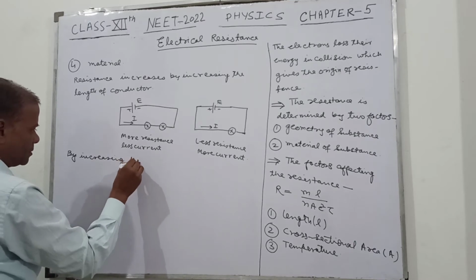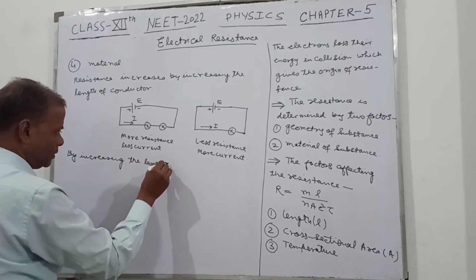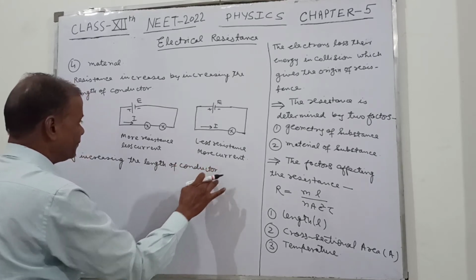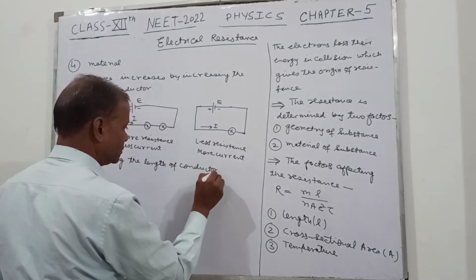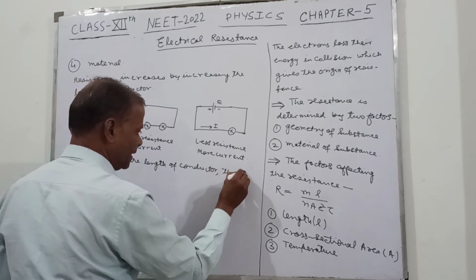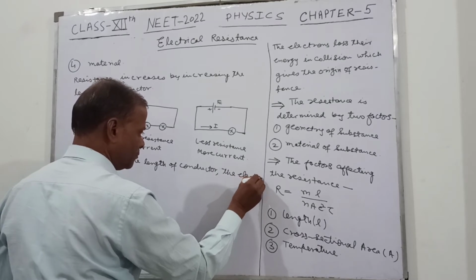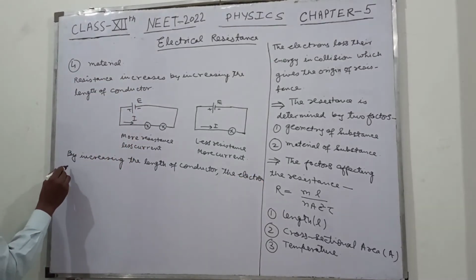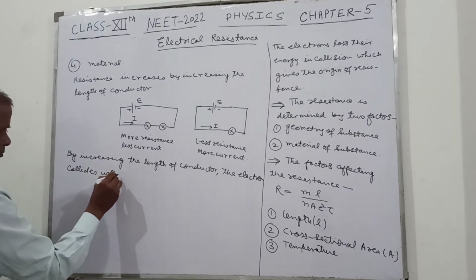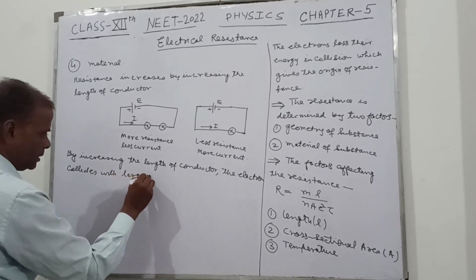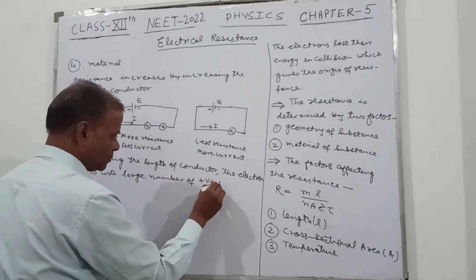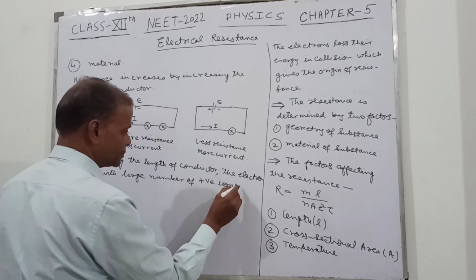By increasing the length of conductor, the electron collides with a large number of positive ions.